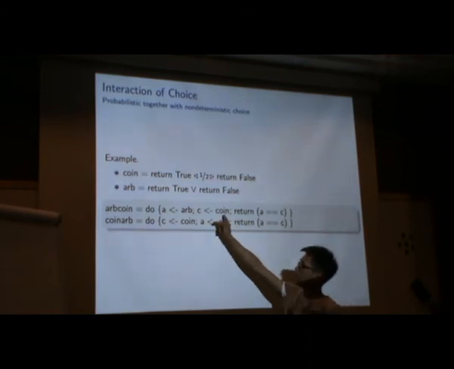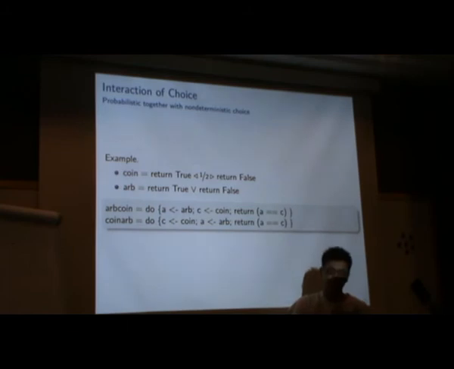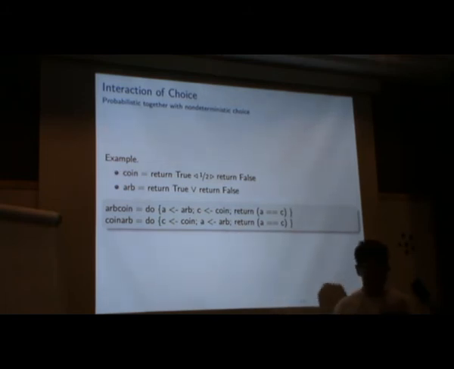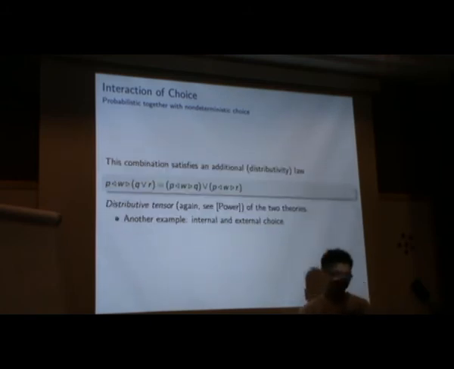Otherwise, if coin could depend on arb, then coin would no longer be a fair coin toss. You can prove that they're not equal by equational reasoning, which you can find in Just Do It, a paper by Jeremy and Ralph and friends.